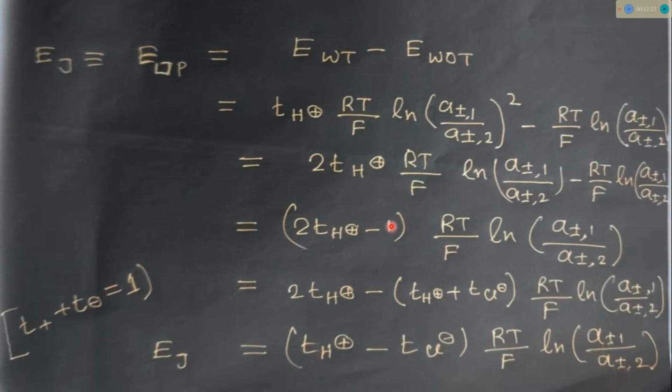So in place of 1 we write t_H+ plus t_Cl-. For HCl, H+ is the cation and Cl- is the anion.